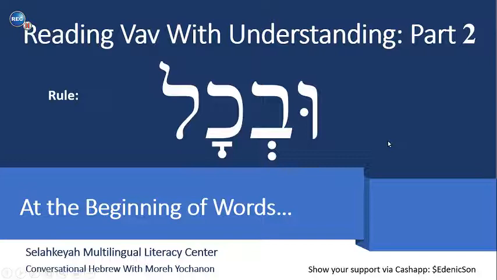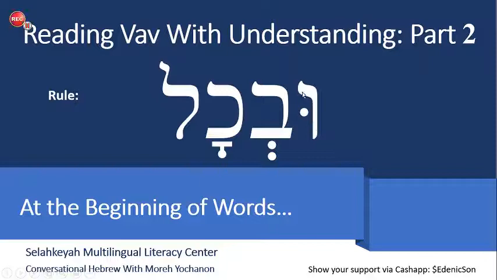So we're going to look at an example of these 2 scenarios. Here is the Vav with the Dagesh at the beginning of a word. And this means and. And it always makes an oo sound. Whether it's at the beginning or the end, it always makes an oo sound.